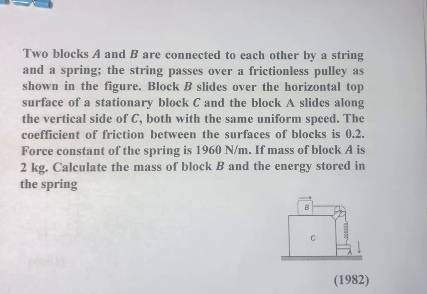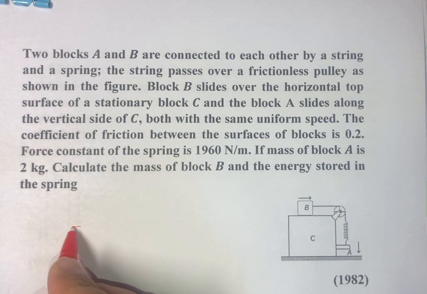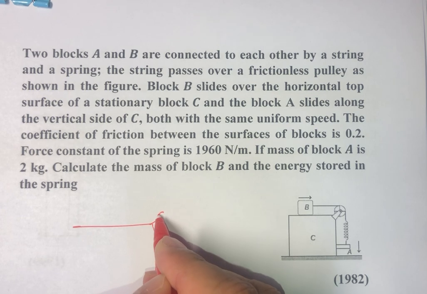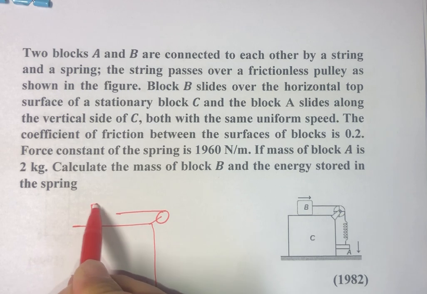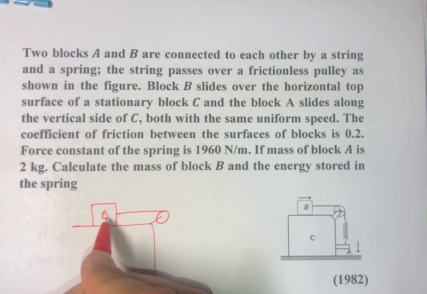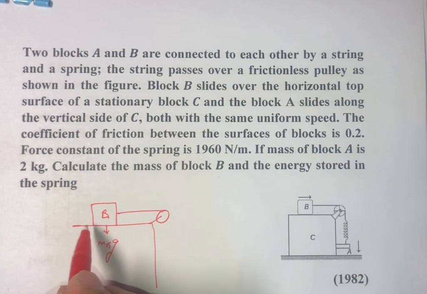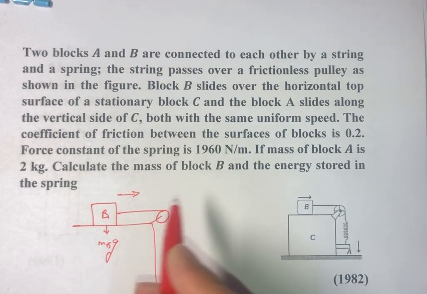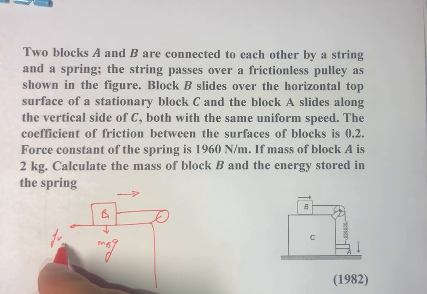Let us draw all the relevant forces which will be acting on these blocks. So this is block B. In the downward direction we are going to have MBG, and as it will try to move towards the right side, we are going to have a frictional force, let us call it FRB.